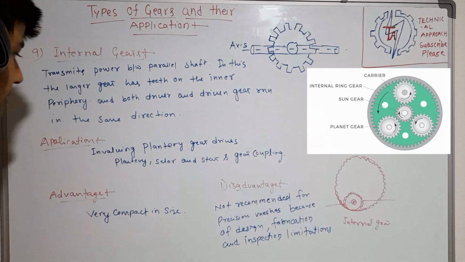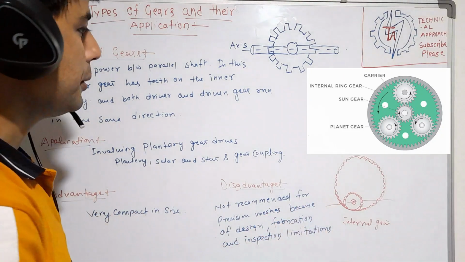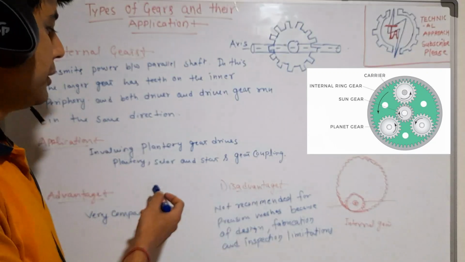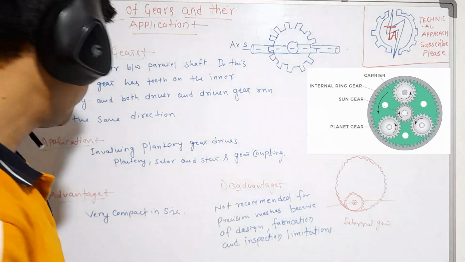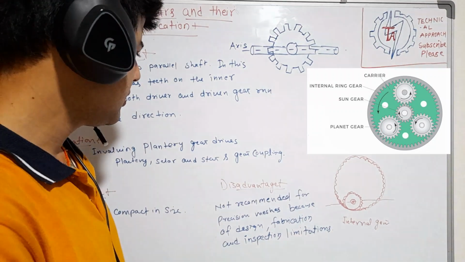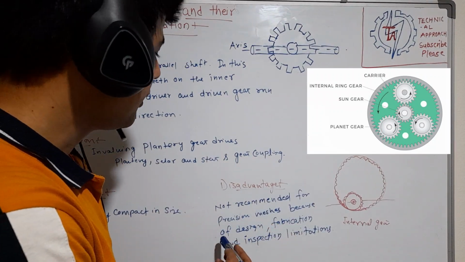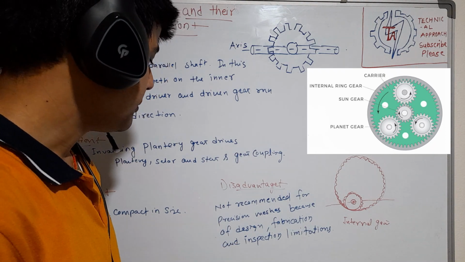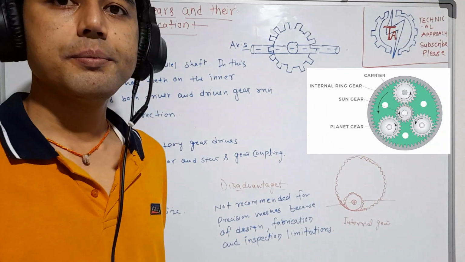Its applications involve planetary gear drives, planetary, solar and star gear coupling. Advantage: very compact in size. Disadvantage: not recommended for precision meshes because of design, fabrication and inspection limitations.